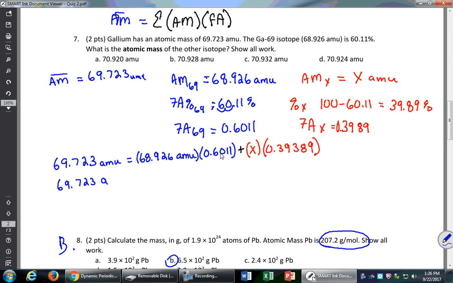Now because we have all these decimal places, don't round till the end, because otherwise you'll get a number that's off.